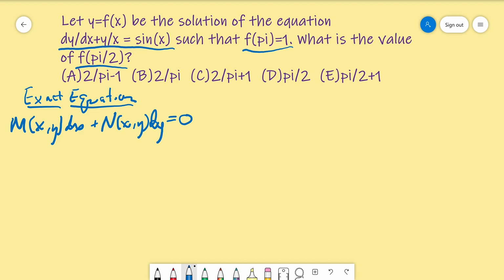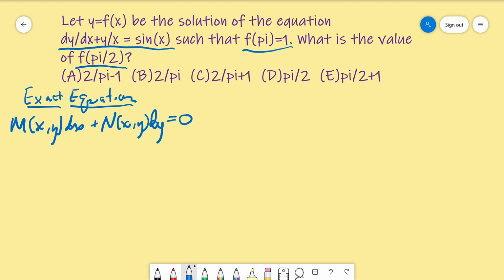If this is an exact equation, then we're good to go, because then we can solve it pretty easily. Now, if it's not an exact equation, but it's almost exact, and I'll explain what that means, then we can make it exact by multiplying by what's called an integrating factor, and then solve it as we would a regular exact equation.